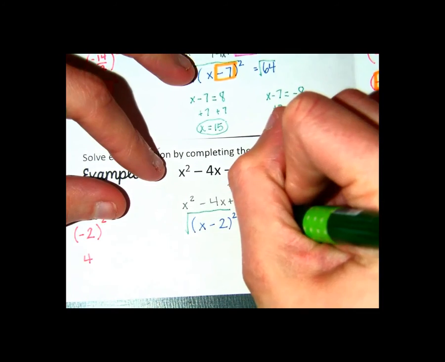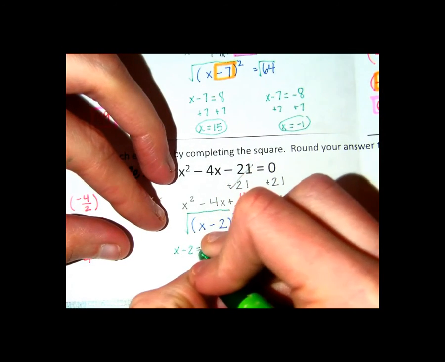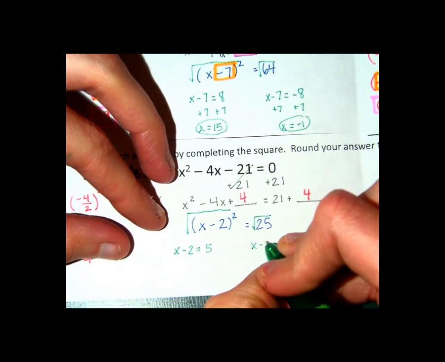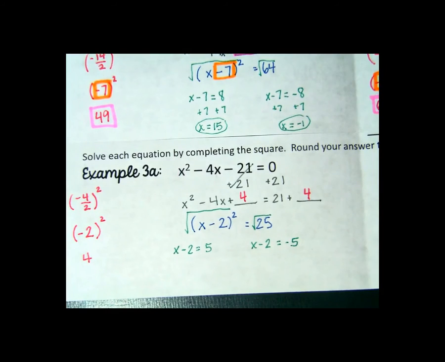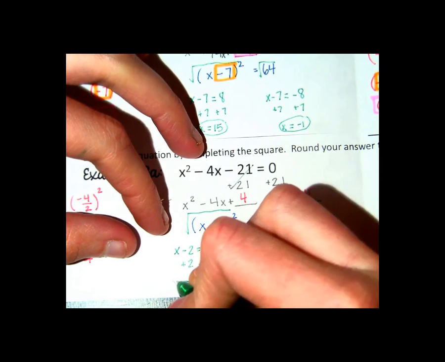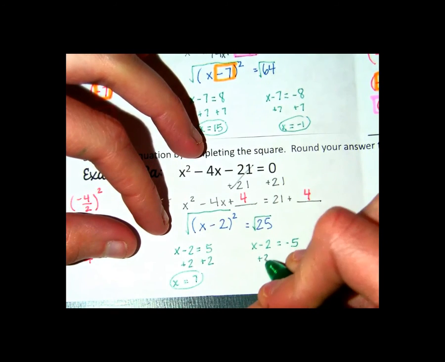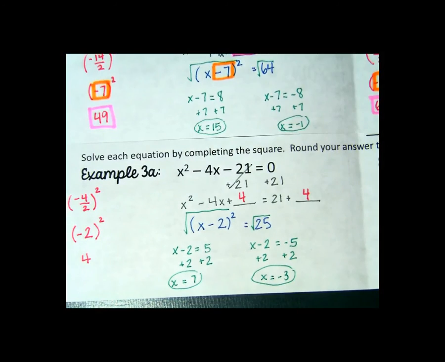Take the square root, that's better. Alright, x minus 2 equals 5. X minus 2 equals? Now what? So x equals? Add 2. X equals? Negative 3.